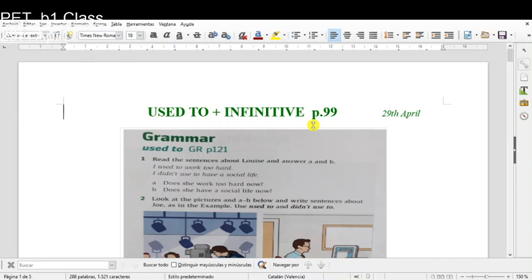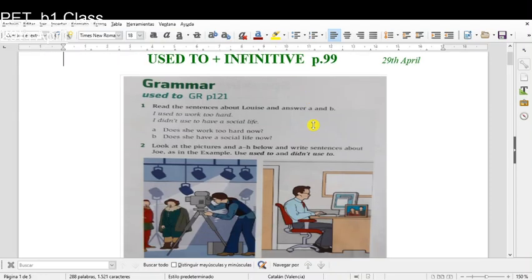If you remember, we were talking about the reading comprehension, how to be a researcher on TV, and it says, read the sentences about Louise and answer A and B. Then, she said, I used to work too hard. Used to significa solía. I didn't used to have a social life.